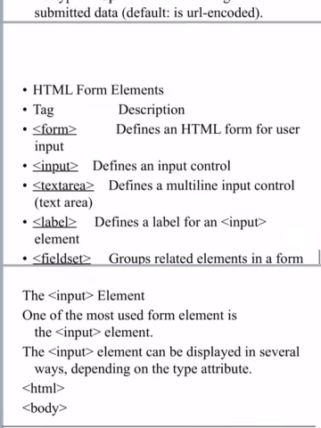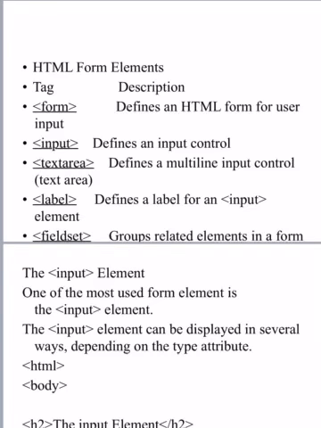Next, a few more form elements that we have seen. First is form. This is the basic one; within that form we'll use the remaining elements. Input defines an input control.